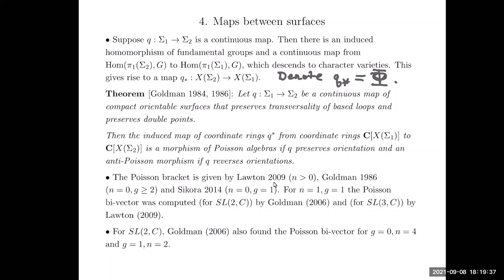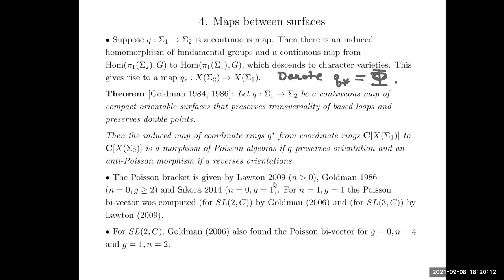So Goldman showed that if Q is a continuous map between surfaces, and if Q preserves transversality of based loops and preserves double points, then the induced map of coordinate rings is a morphism of Poisson algebras, provided that Q preserves orientation, and it's an anti-Poisson morphism if Q reverses orientation.